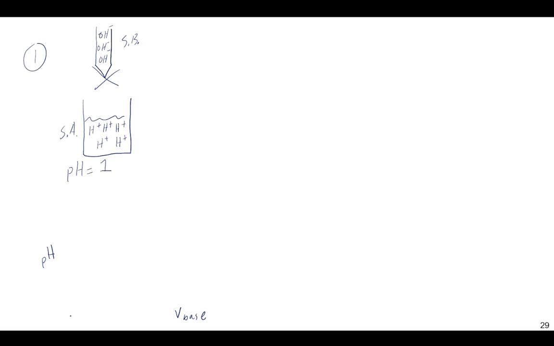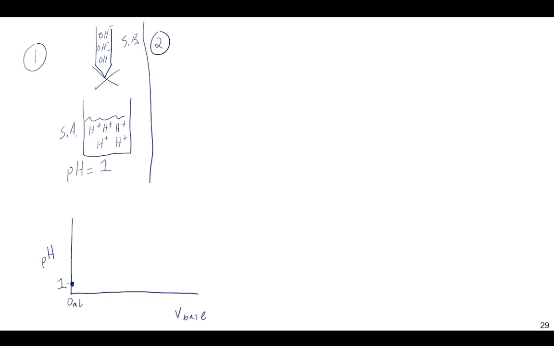Let's start with 0 milliliters added. So we are right here on this baseline. The pH is going to be something like here. Maybe this is 1. Before we've added any volume of base, it's just a strong acid sitting there. It's going to have a low pH. Let's assume it's 1 for this example. Okay, so that's the first type of titration problem we could be asked.